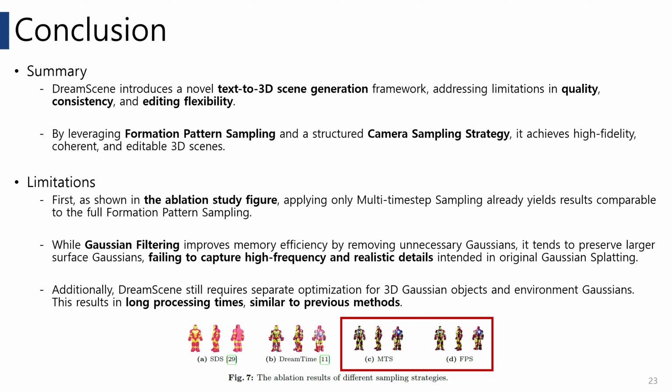While Gaussian filtering improves memory efficiency by removing unnecessary Gaussians, it tends to preserve only larger surface Gaussians, failing to capture high frequency and realistic details intended in original Gaussian splatting. Additionally, DreamScene still requires separate optimization for 3D Gaussian objects and environment Gaussians. This results in long processing times similar to previous methods.